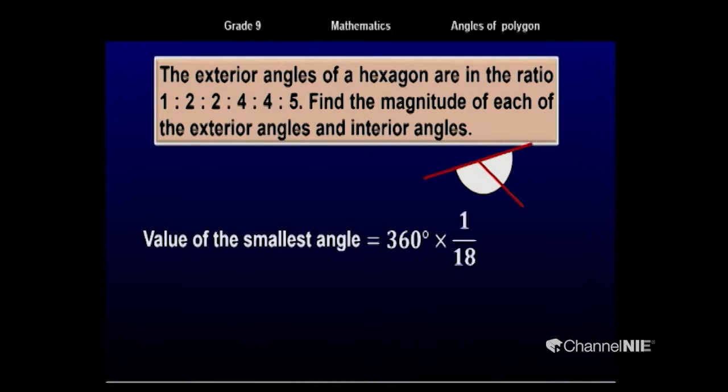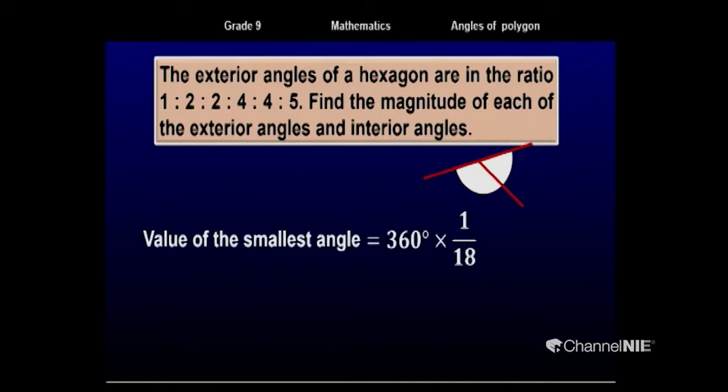First we take the parts of these exterior angles. When we add these ratio parts, it is equal to 18 parts. We know the sum of the exterior angles of a polygon is 360, so you have to divide by 18 and multiply by 1.